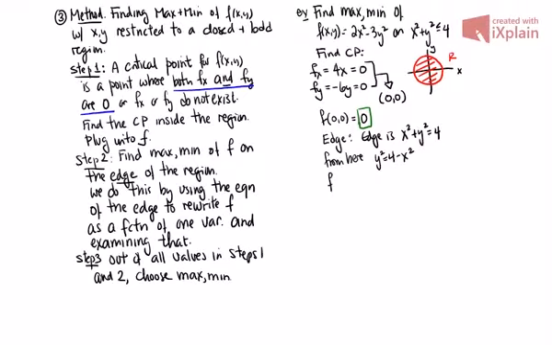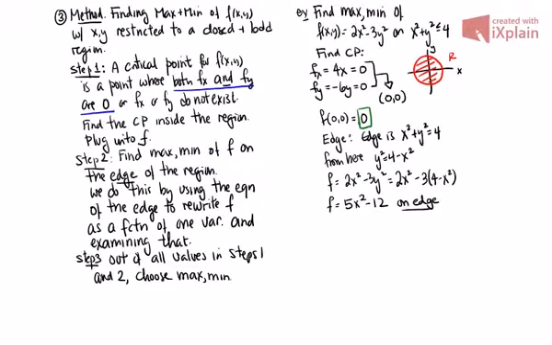So then f, which was 2x squared minus 3y squared, I can rewrite as 2x squared minus 3 times this. So if I solve this, I get 2x squared plus 3x squared is 5x squared minus 12. And this is on the edge.